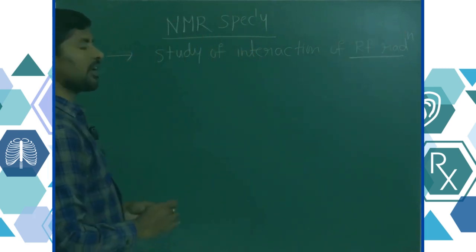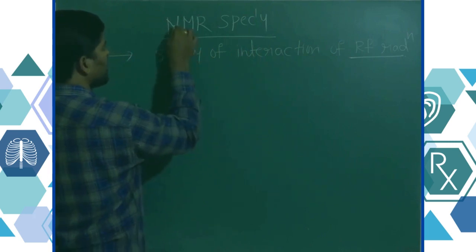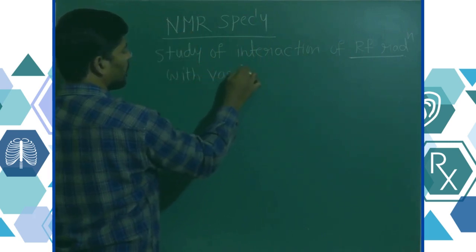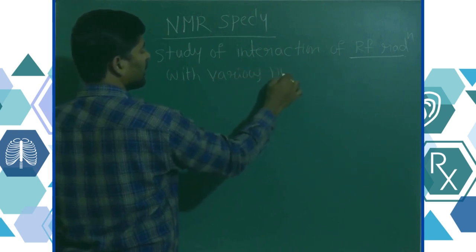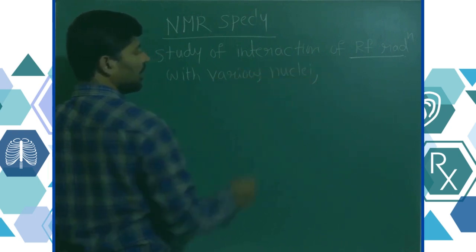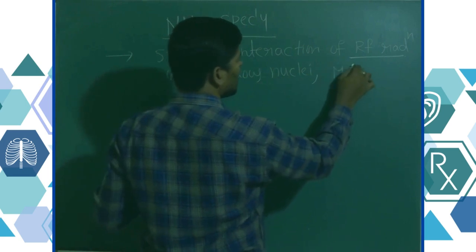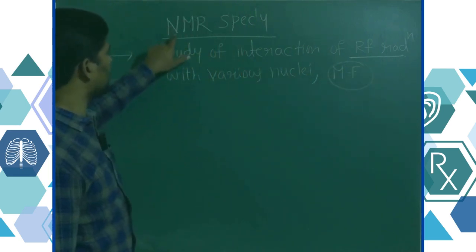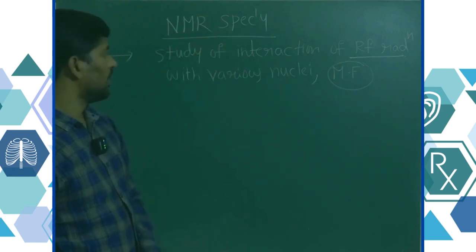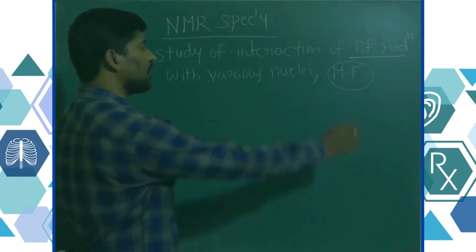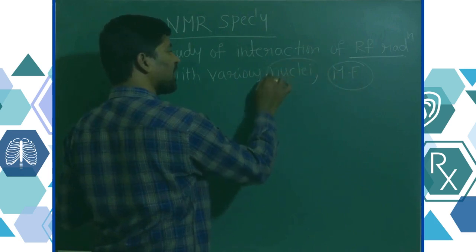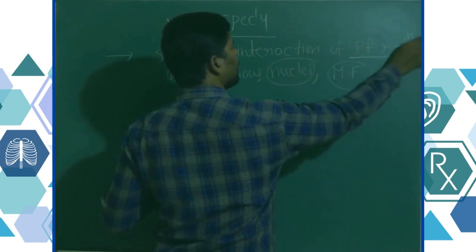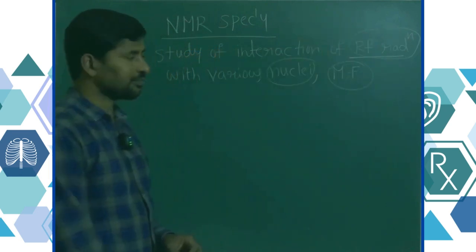It is the study of interaction of radio frequency radiation with various nuclei present in the sample molecule, in the presence of magnetic field. That's why it is called nuclear magnetic resonance spectroscopy.